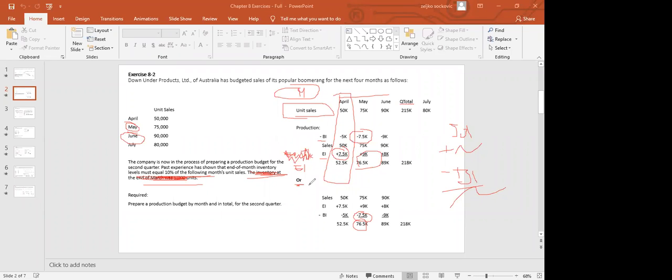Well, you don't need to be told that ending inventory for March is 5,000. You don't care about March. The question is April, or the question is May. If you have this figure here, 50,000 for April, because you know the 10% ending inventory, but as I said last time, it's like a shortcut in the brain. You get stuck on ending inventory. I need ending inventory here.